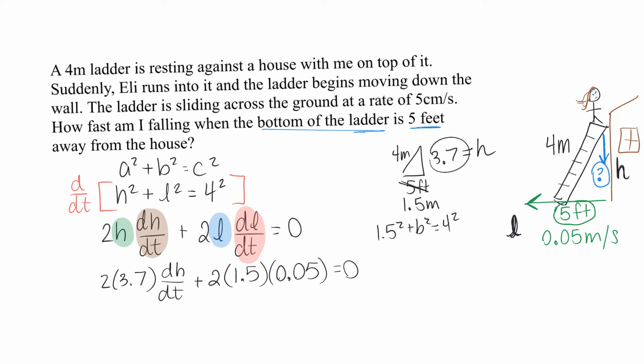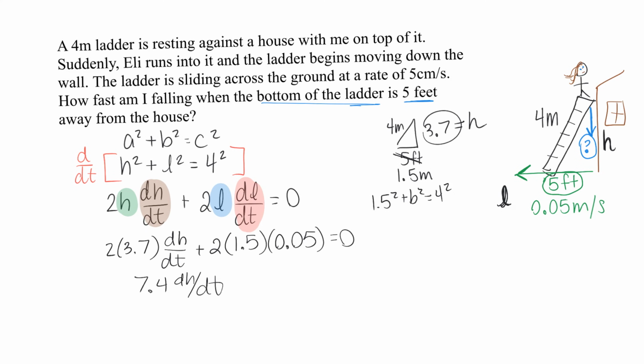Now all we have to do from here is rearrange. So I'm going to multiply this all together. 2 times 3.7, and I get 7.4. So I have 7.4 dh/dt, plus 2 times 1.5 times 0.05, and what do we get there? 0.15, equals 0.